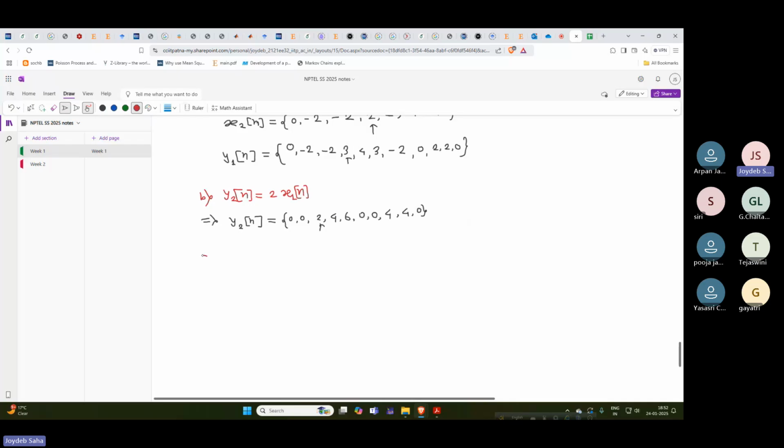Now a very interesting question. y3[n] is x1[n] multiplied with x2[n].